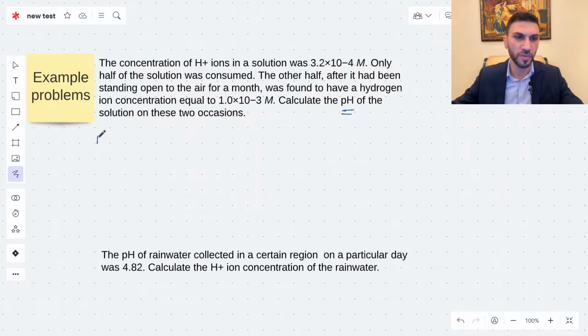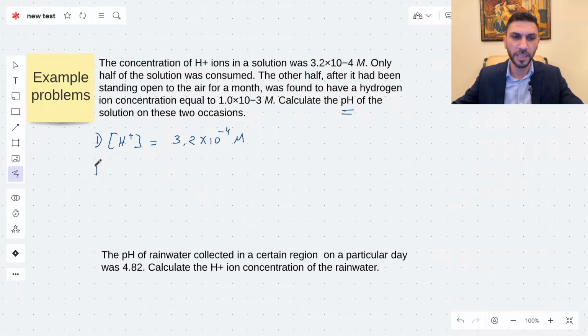So let's start with the first occasion. Number 1, the concentration of H positive was equal to 3.2 times 10 to the power of negative 4 molar.